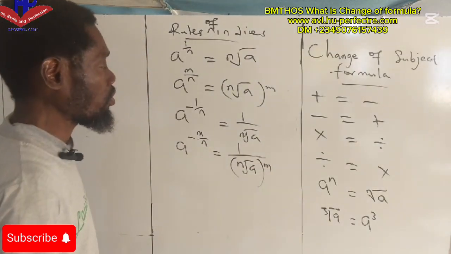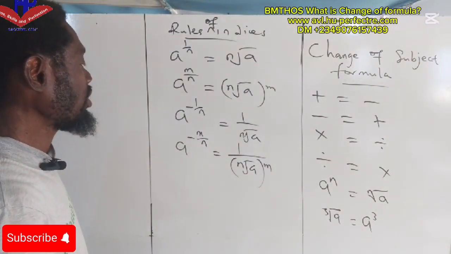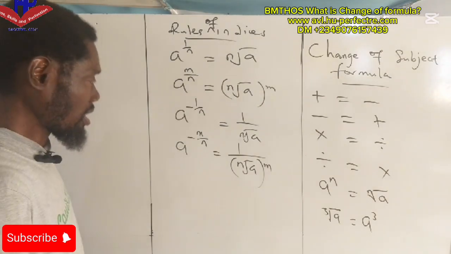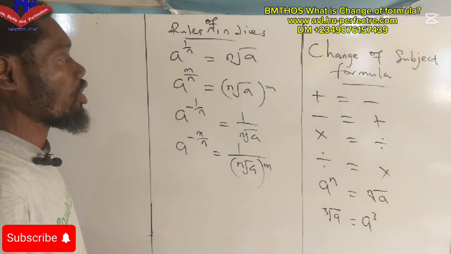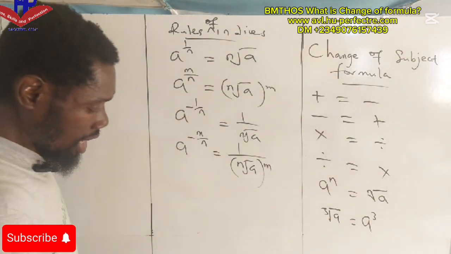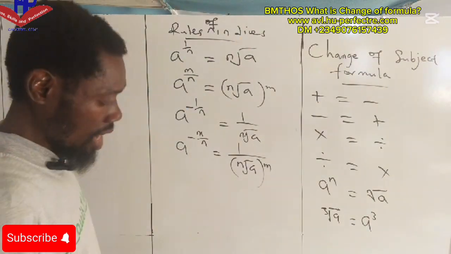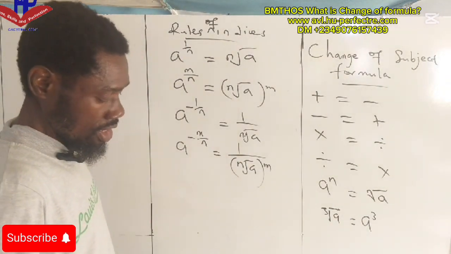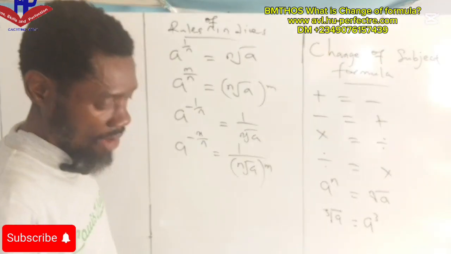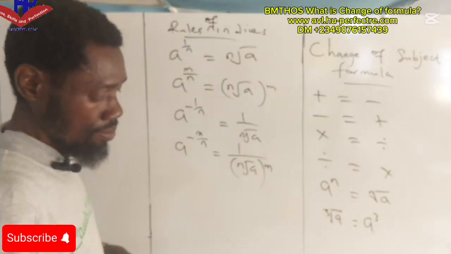These are some basic rules that you really need to know to help you solve problems that involve change of formula. If you do not have them in you, you are going to have issues in solving mathematical problems.